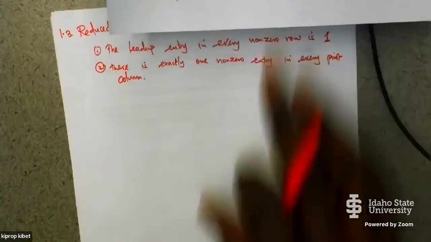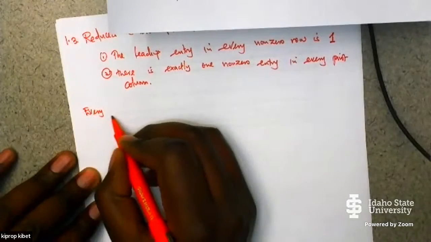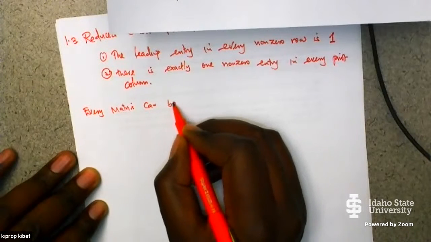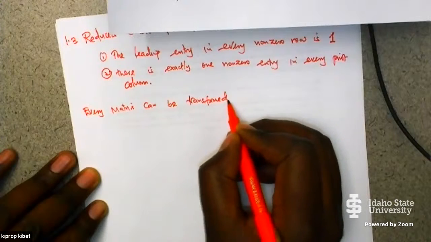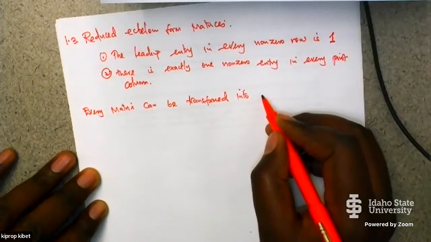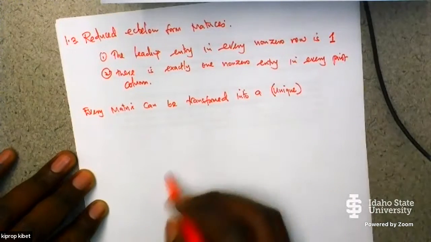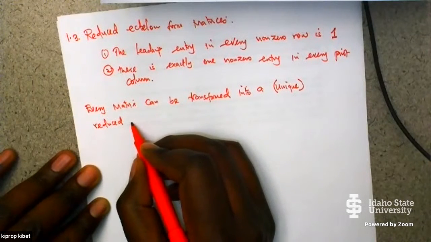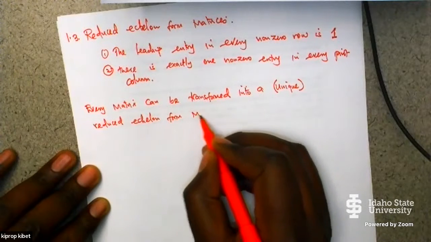Now, here you can say every matrix can be transformed into a unique reduced echelon form matrix.